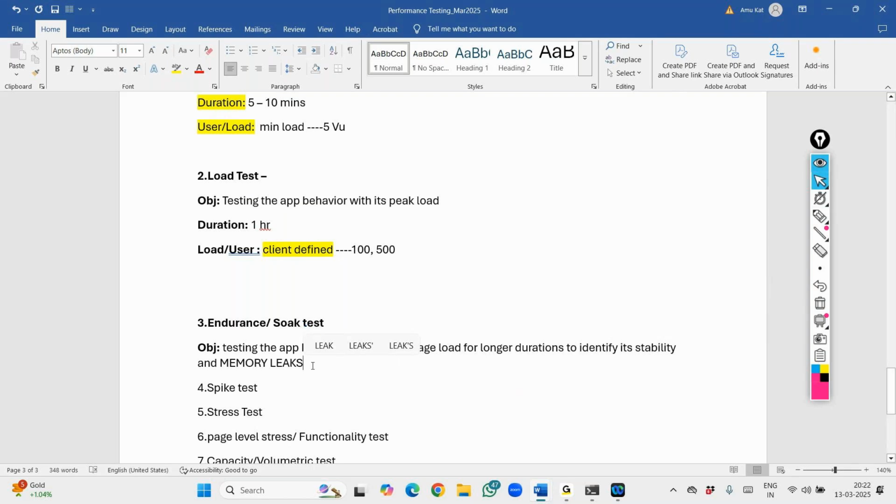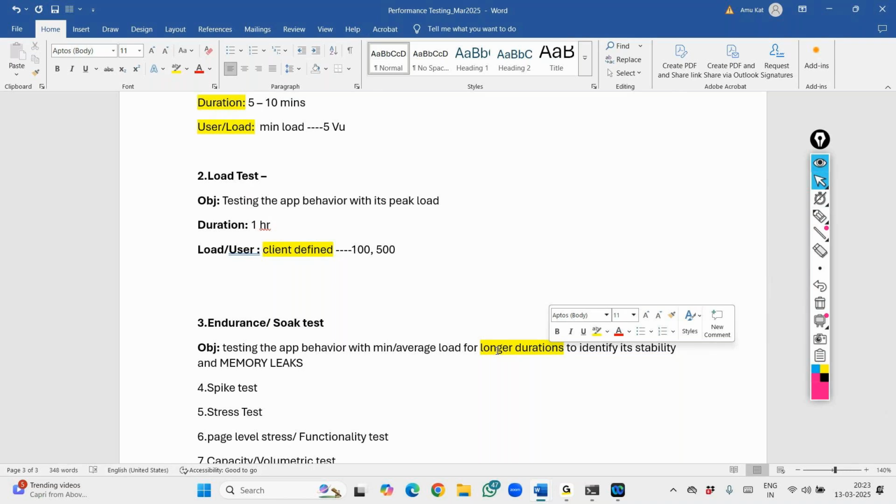The main purpose of doing this test is this: in the earlier test the duration is 1 hour, but here we go ahead with longer duration. If you are using an application like IRCTC with that particular load for long hours, definitely your memory will be consumed a lot.